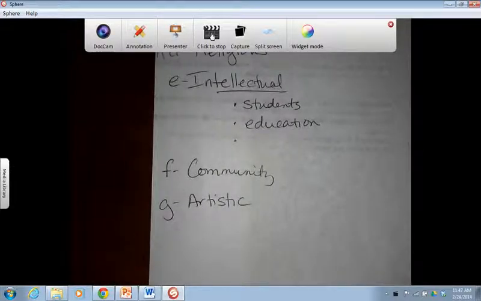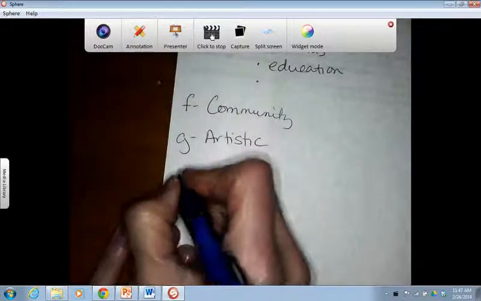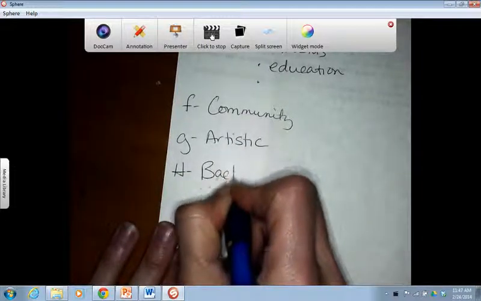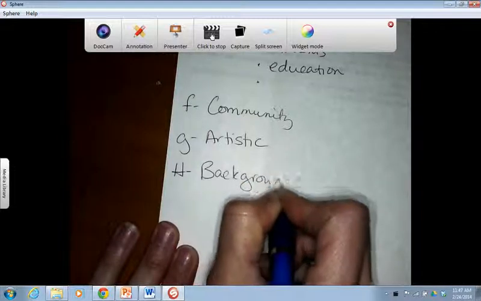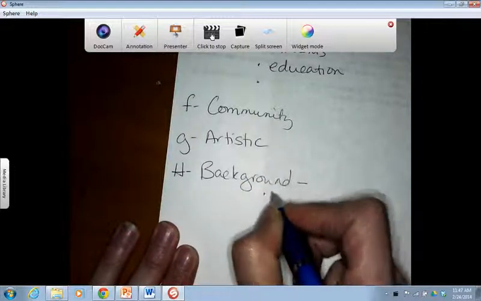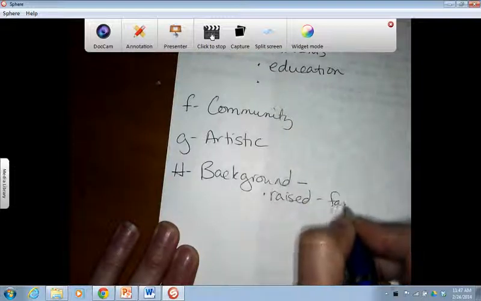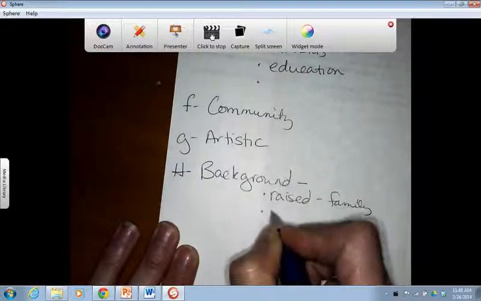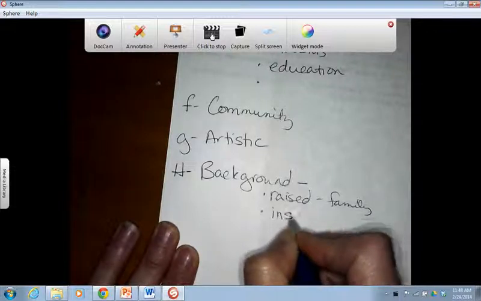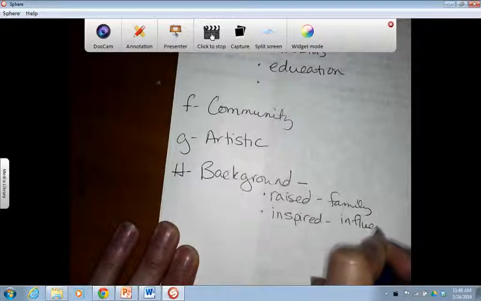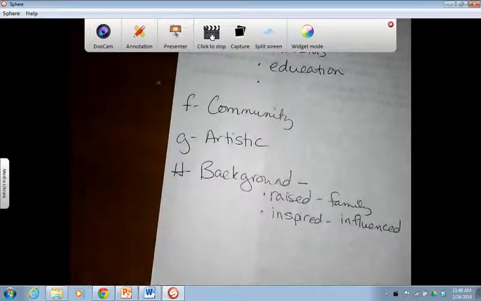What about who they are as a person? So you could have background, how they were raised, their family life, who they were inspired by, what influenced them as a person, who were their heroes, what was the literature they read, what maybe books or poetry did they read.